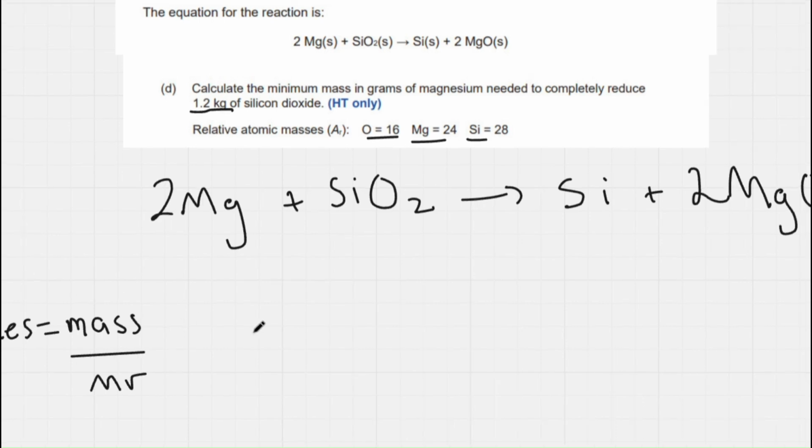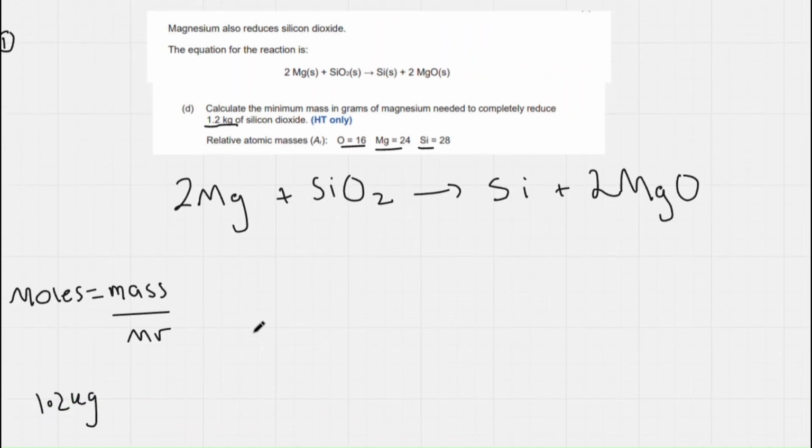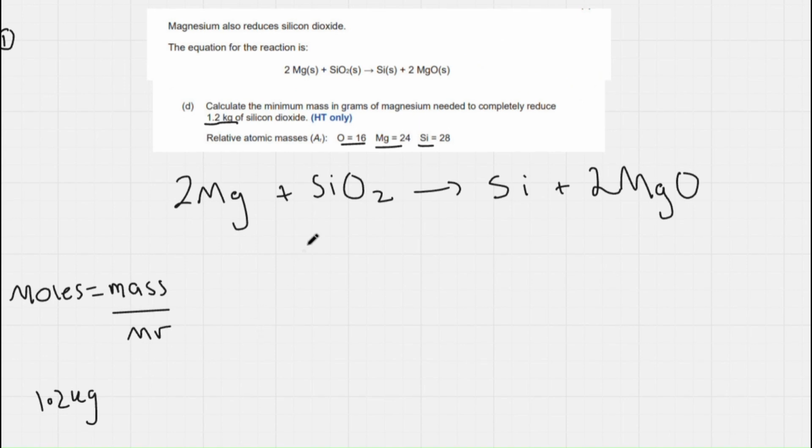Now, the way that we're going to be able to find out the formula mass of silicon dioxide is simply by adding up the atomic masses of each atom of each element inside the compound. So for example, for silicon, we can see that we have 28, so that's 28 plus. Now we can see that for oxygen, we have 2 atoms of oxygen.